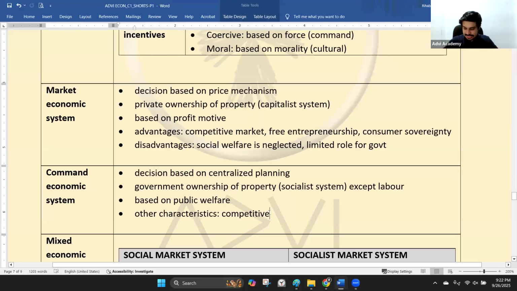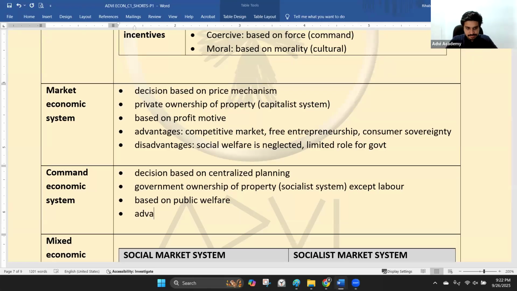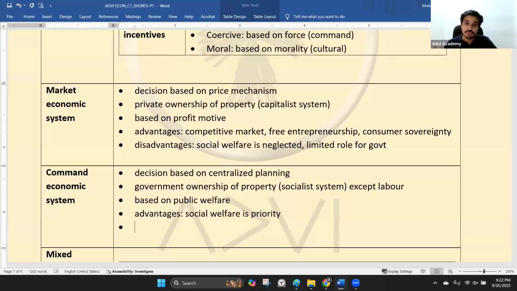Then we will say the advantages are: social welfare is a priority, right? Like poor people, that concept of poor people won't be there. Everybody is looked after, right? And government has the power. Those are the advantages. So social welfare is good. But the disadvantages are limited choice or no choice for consumers at all.